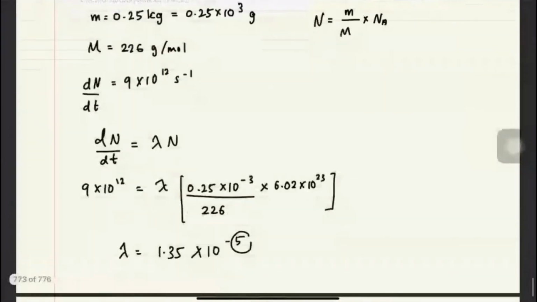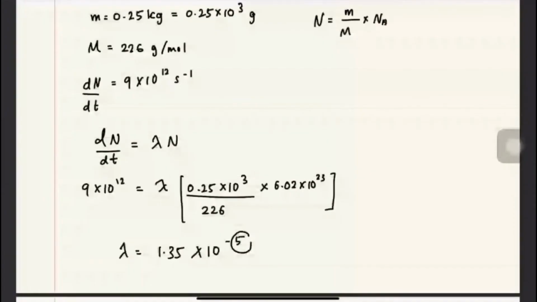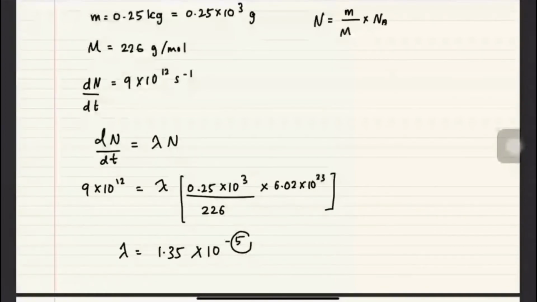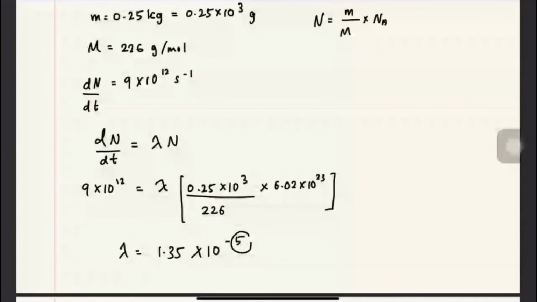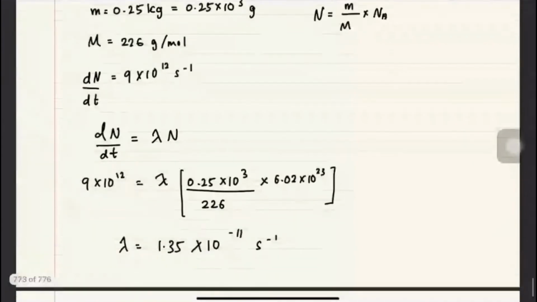Minus 3. So this one will be power of 3. Now I got the answer. Okay, unit per second. Okay, dapat kan? Dapat sir. Alright. Dapat, sir.